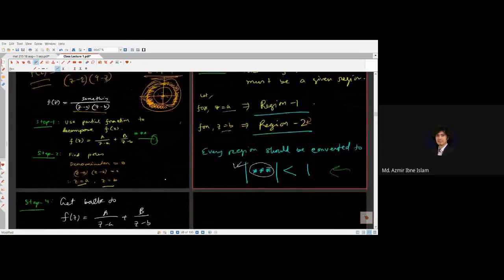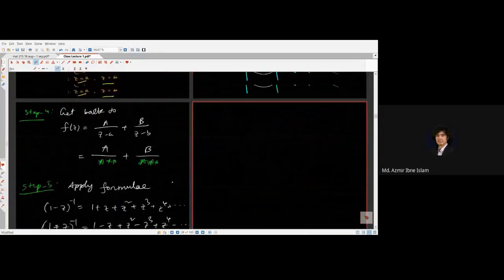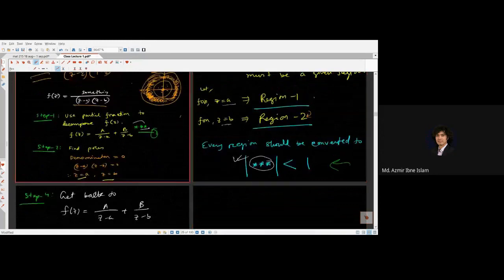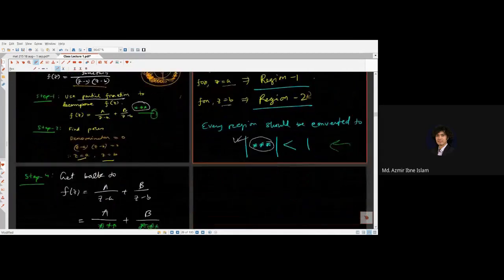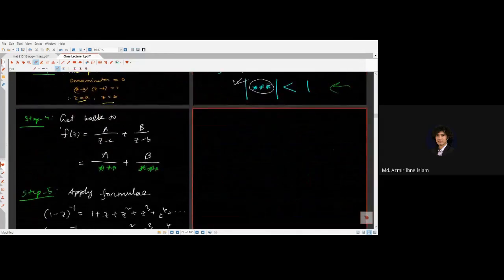Okay, so now remember I have given one asterisk sign here because we have to know now what is partial fraction. So there is another concept. But for Laurent series, step 1, step 2, step 3, step 4, and step 5 are enough. Now let's recall what is partial fraction.